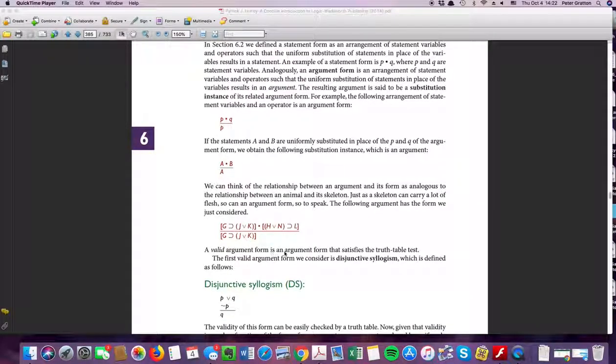So a valid argument form, as we know, is one that satisfies the truth table test. That is, we never have a line where the premises are true and the conclusion is false.